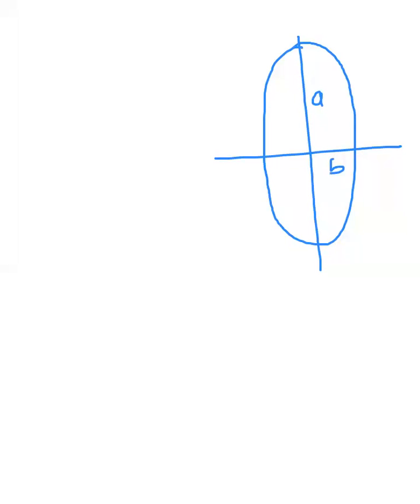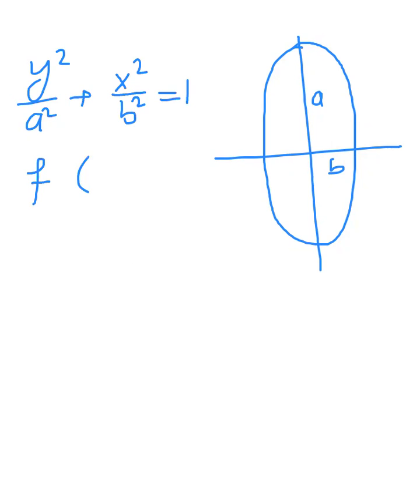Now the equation of this ellipse will be y square upon a square plus x square upon b square equals 1. Its major axis is the y-axis. Its focus will be lying on the y-axis, so focus coordinates will be (0, ±c). Vertex will have coordinates (0, ±a).